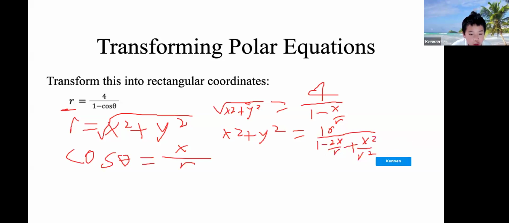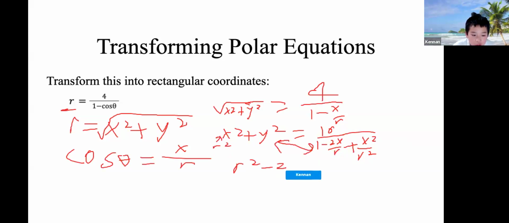So if we multiply these two, we get r squared. Let's turn this back into r squared. So r squared minus 2xr plus x squared basically equals 16.